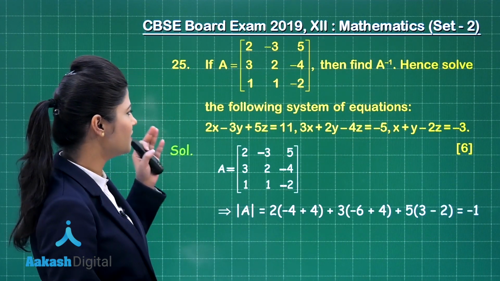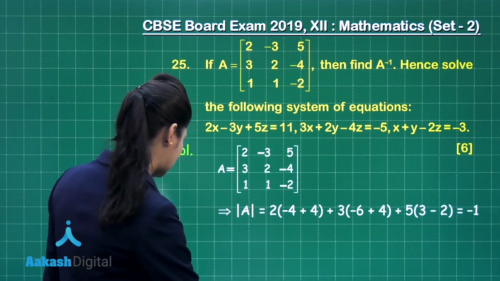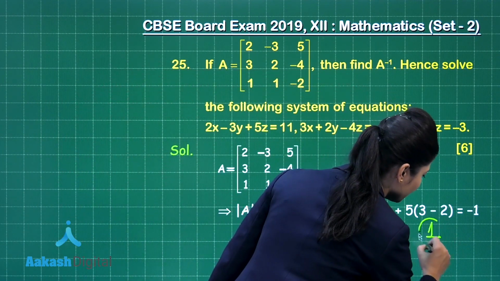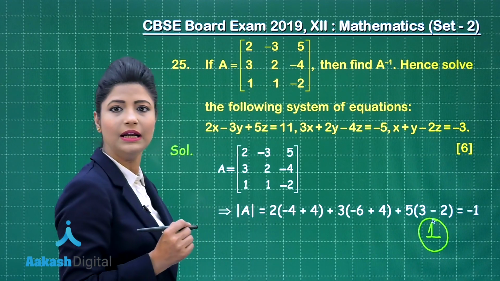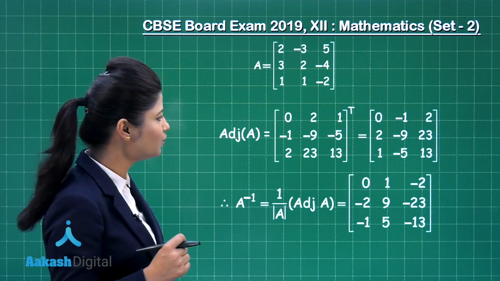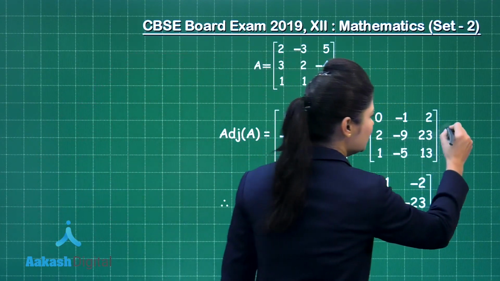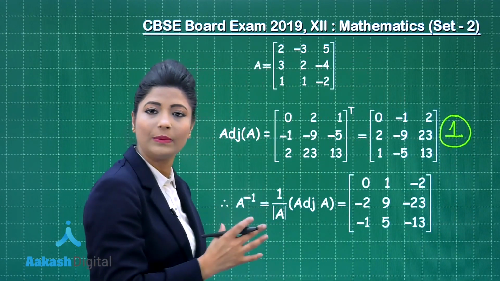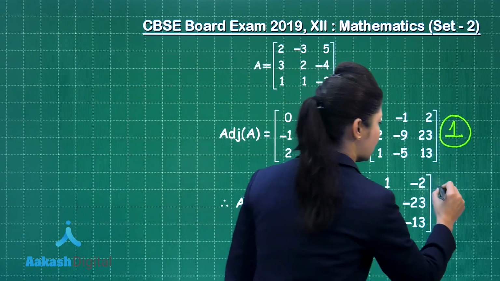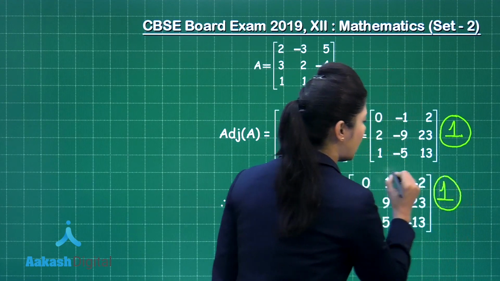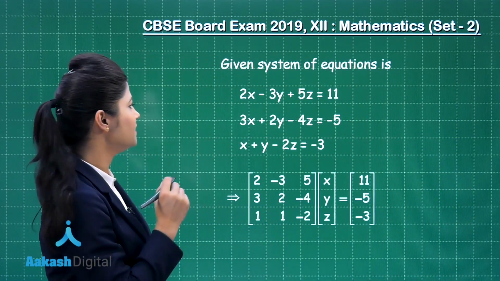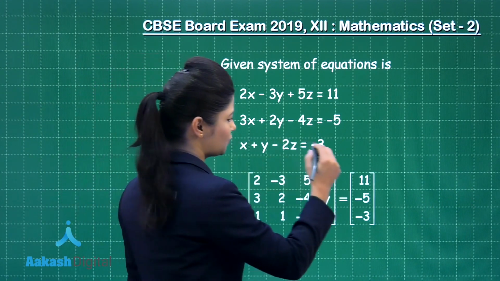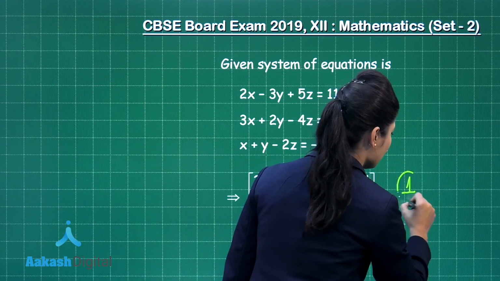And in this question, when you have solved and obtained this determinant till this step, you will obtain 1 mark for obtaining the correct value of determinant. After that, for obtaining the inverse, when you obtain the adjoint, you will obtain another 1 mark. And next, when you obtain A inverse, you will obtain another 1 mark. And after that, when we consider the given system of equation and obtain this matrix equation, through this you will obtain 1 mark.